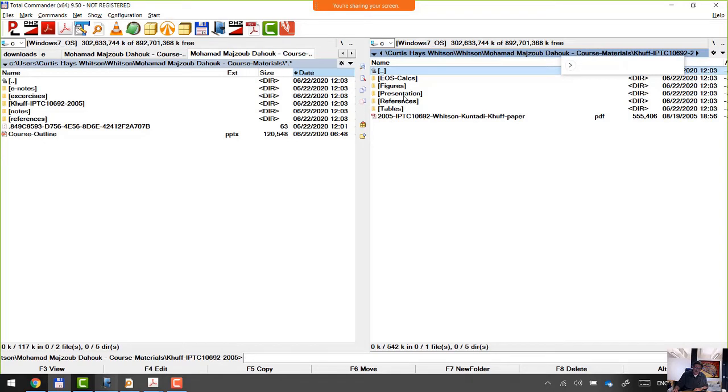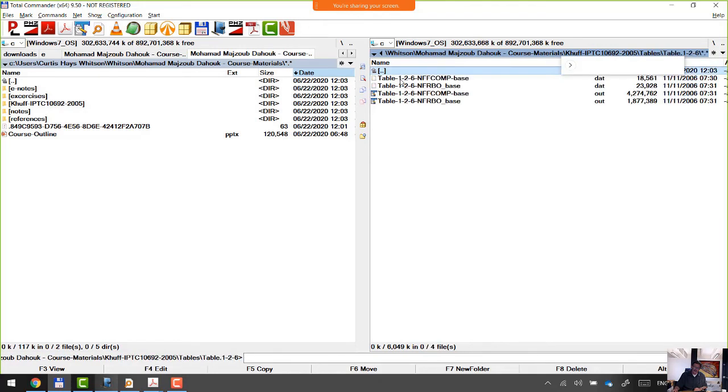That's it. Okay. So if you go into the tables directory, in the first tables 1, 2, and 6, you'll find an output file. You see, one is the compositional base case and the other is the black oil base case. So it's this file here that you want to open.